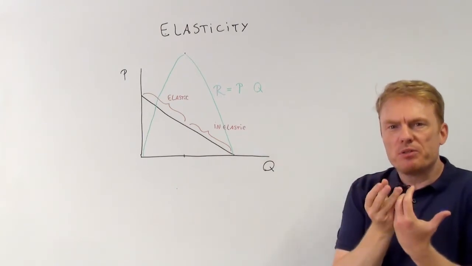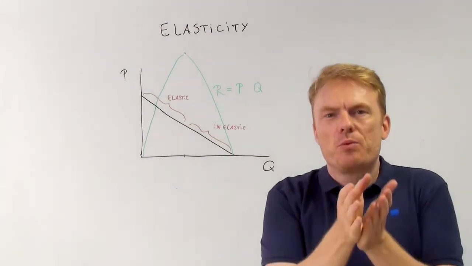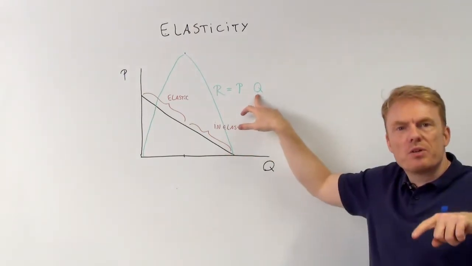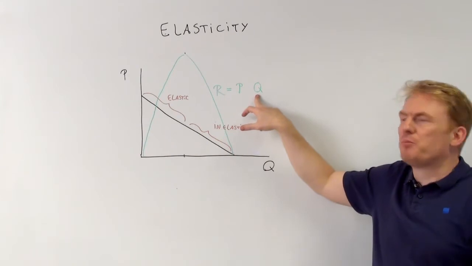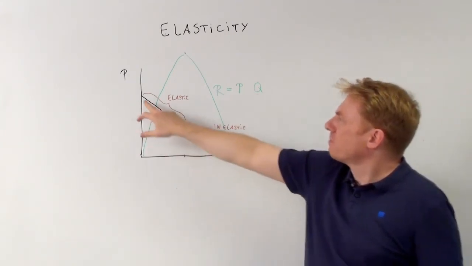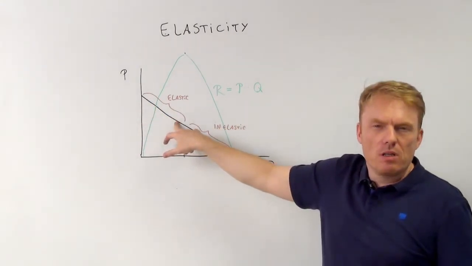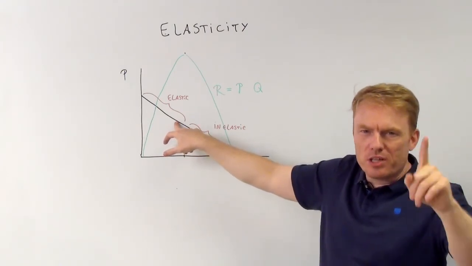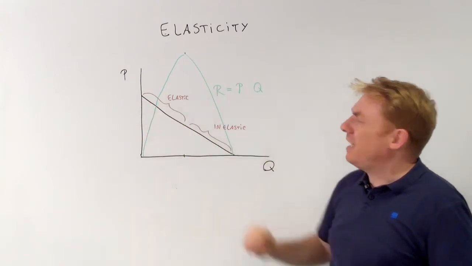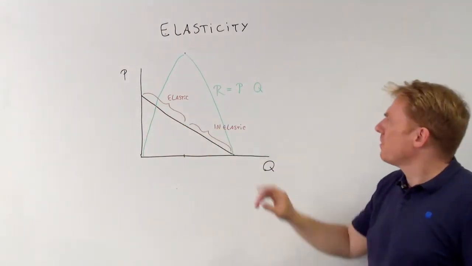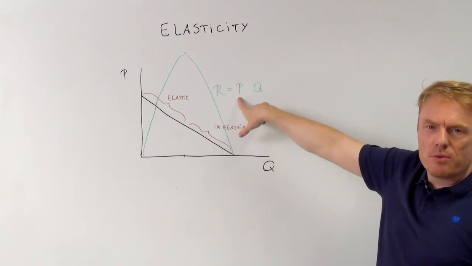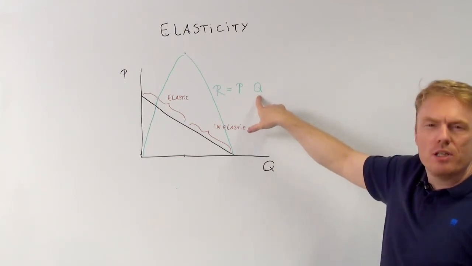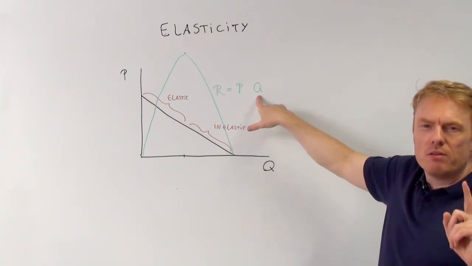And now, very important to understand, is the rise in quantity larger or smaller than the reduction in price? Here, it's larger. The rise in quantity is larger than the reduction in price at the elastic part of the demand function, which means the reduction can be seen here, the rise in quantity demanded is here.